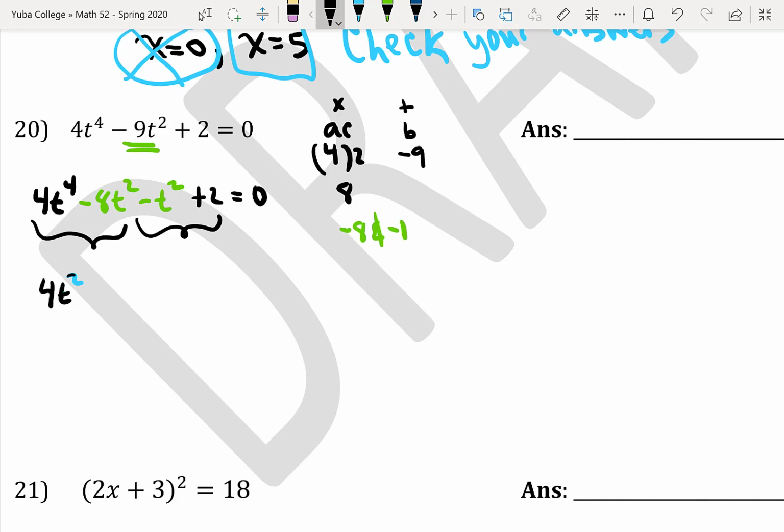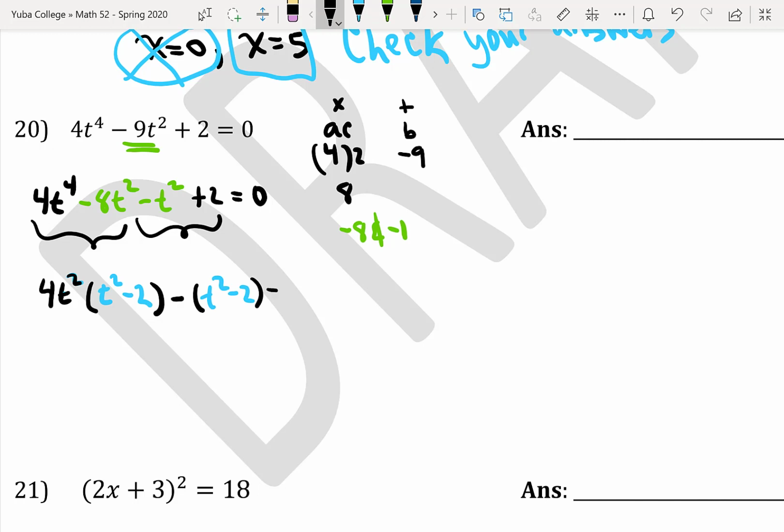Looking at the last two terms, t squared plus 2, we want the same thing inside the parentheses. So if we factor out a negative 1, that also would leave us with t squared minus 2. If this AC method works, what's inside the parentheses is the same or can be manipulated to be the same. So we have t squared minus 2, all times the quantity 4t squared minus 1, equals 0.